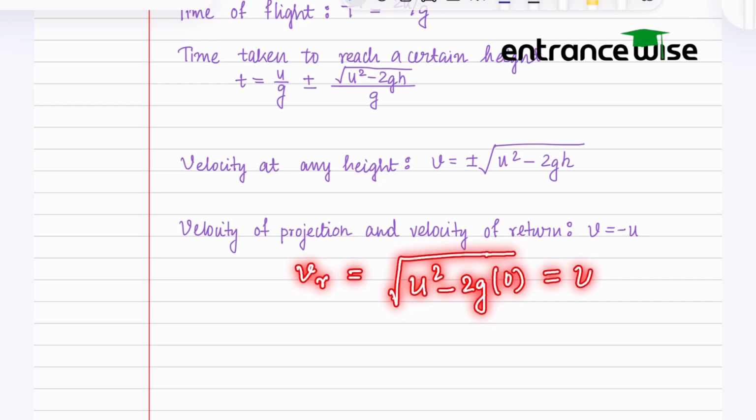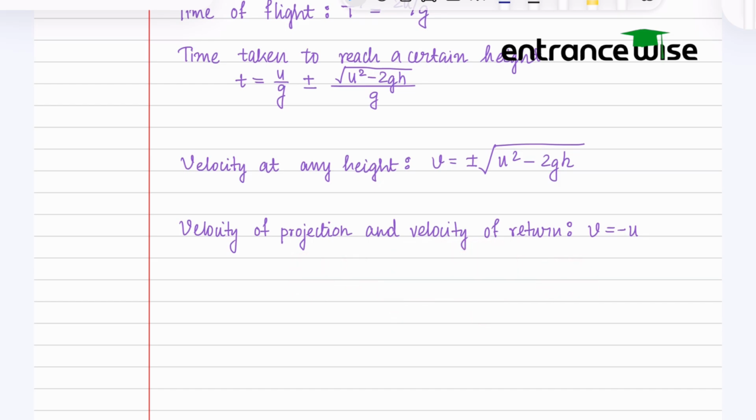So we get u. This implies that the object returns with the same speed but opposite direction as the projection velocity. So we have projected the object in this direction with velocity u, and the object returns in this direction. So v equal to minus u.